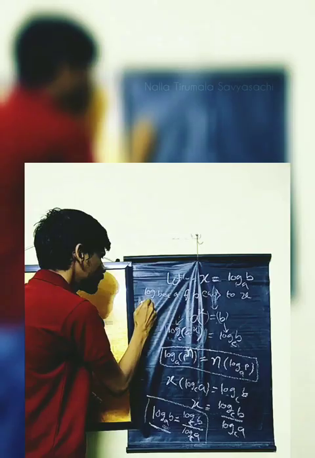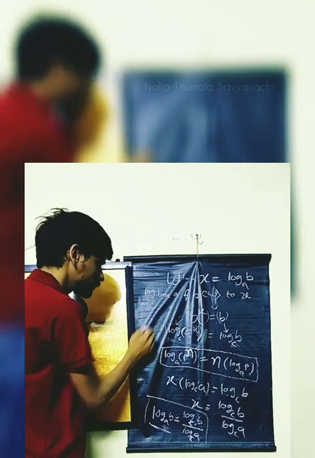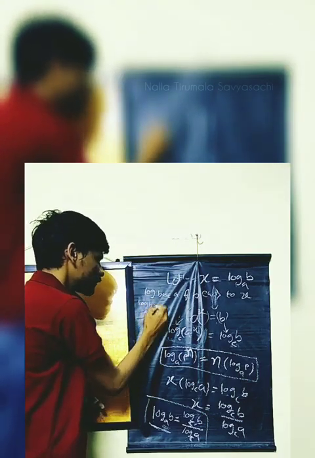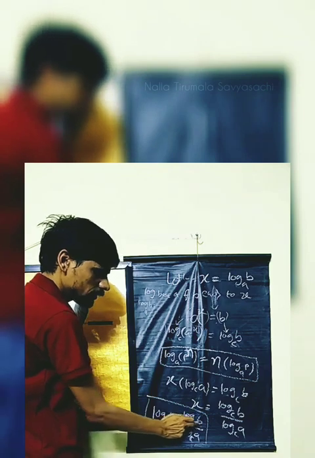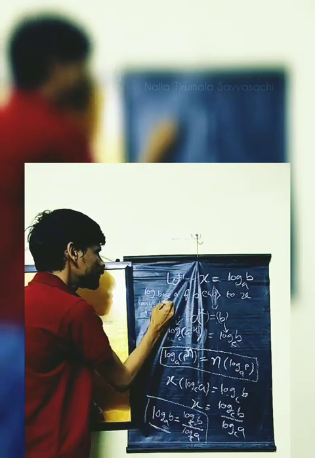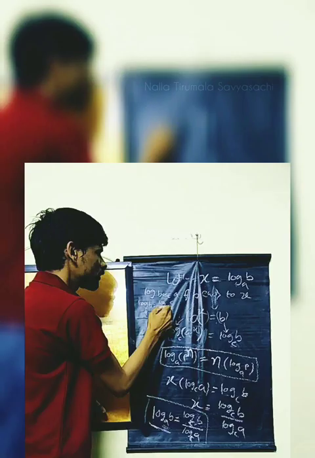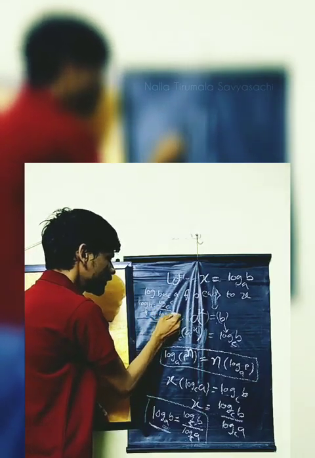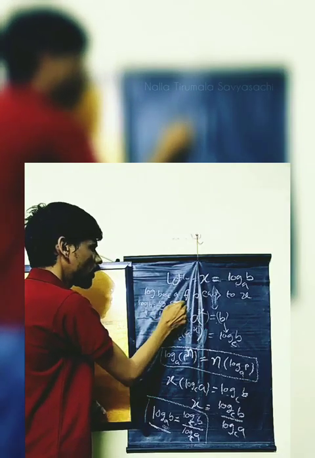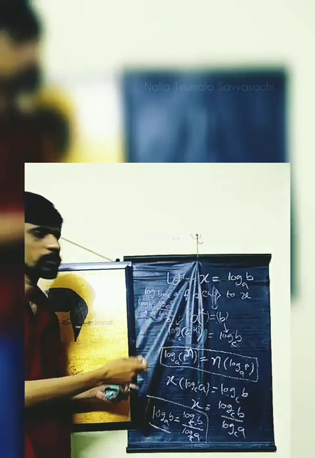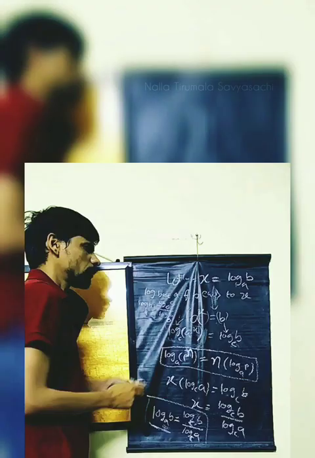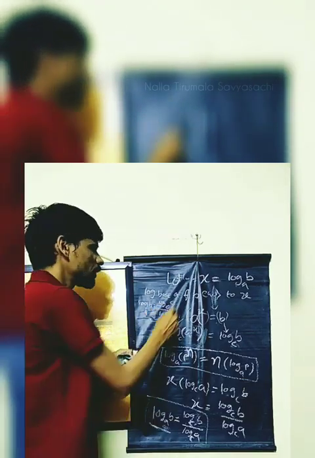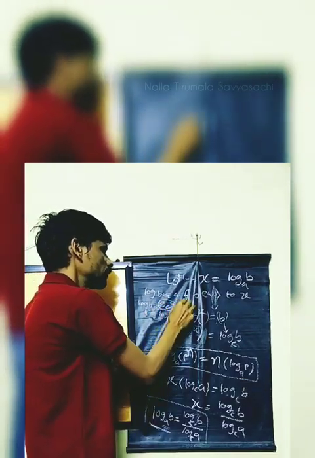It will translate into log a b equals log b b by log b a. Log b b is another law: if the base and the argument are the same, this value becomes 1.